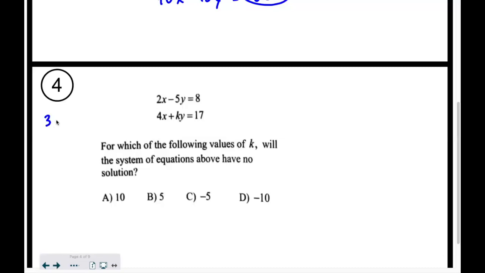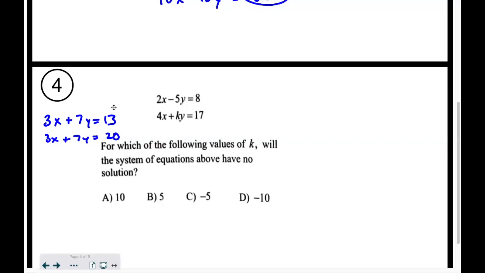If I have 3x plus 7y equals 13 and 3x plus 7y equals 20, I know that system has no solution because the x's are the same and the y's are the same, but the number over here is different. So when something has no solution, you just want to picture a system that looks like that.